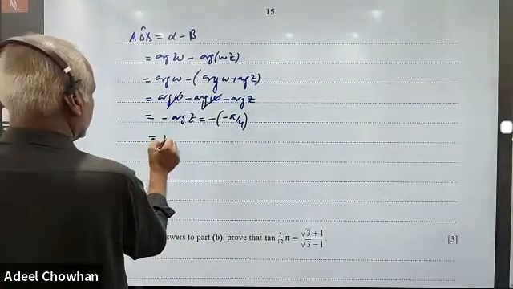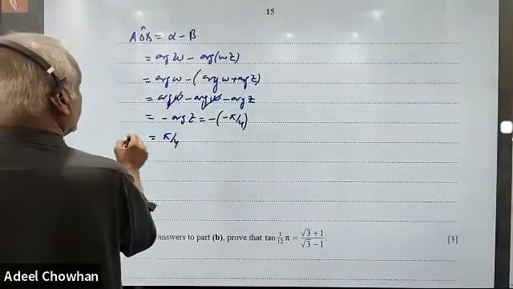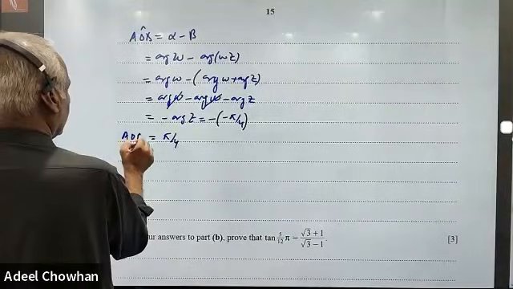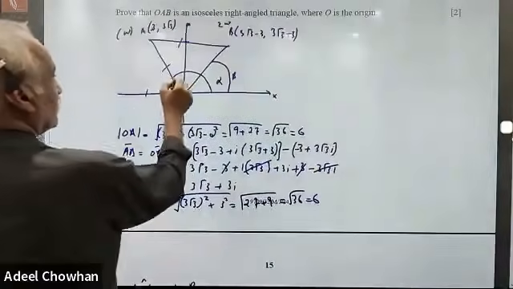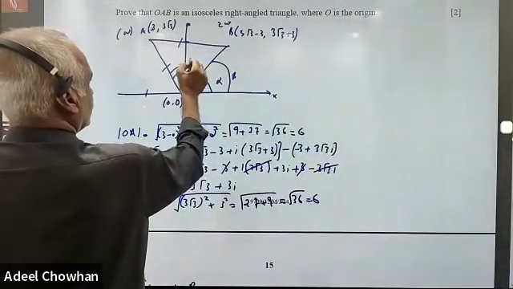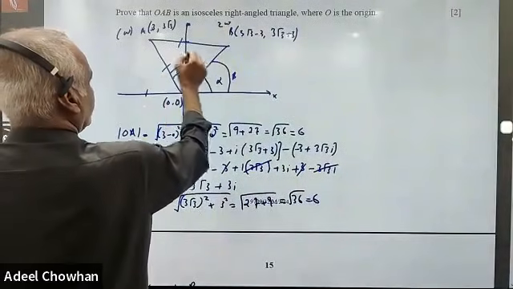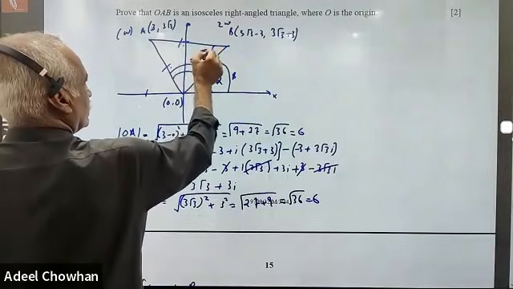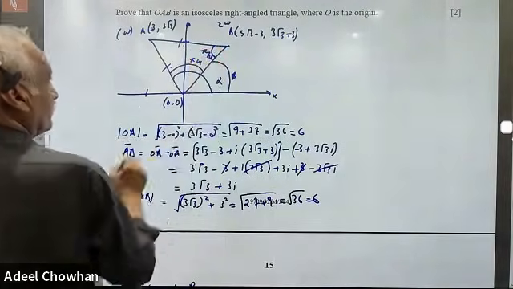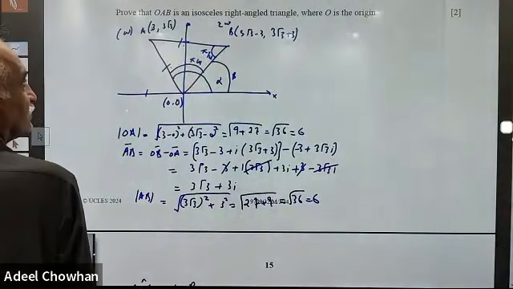So this angle is equal to pi by 4. That is angle AOB. So if this angle is pi by 4 and these two sides are equal, so this angle is also equal to pi by 4. We have proved that they are equal there.